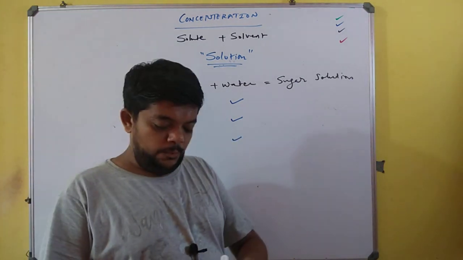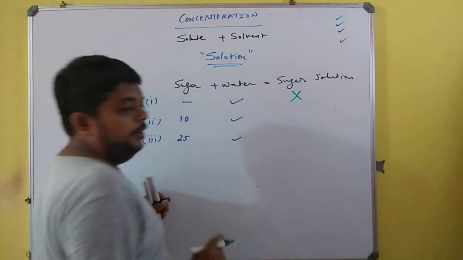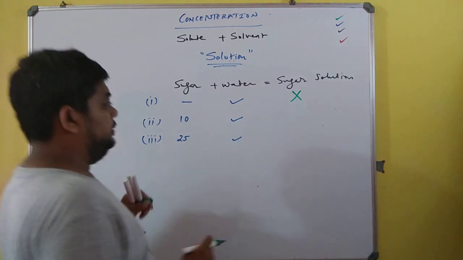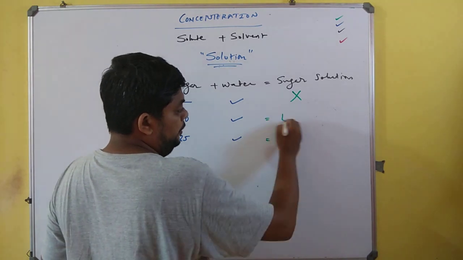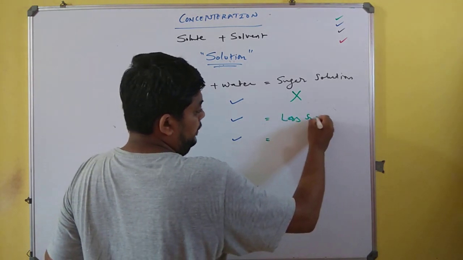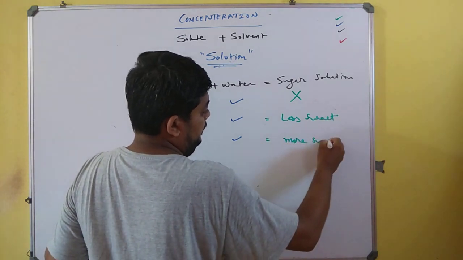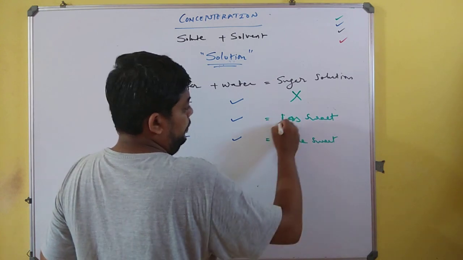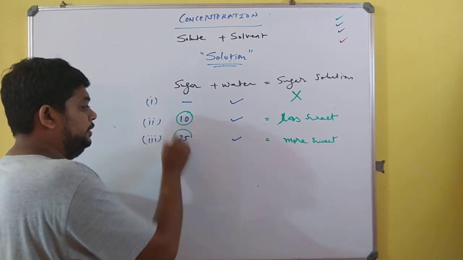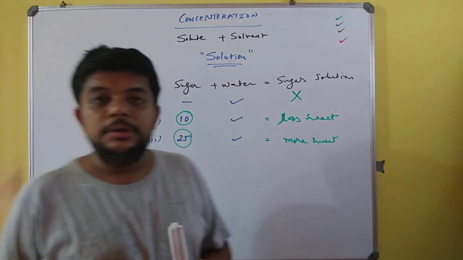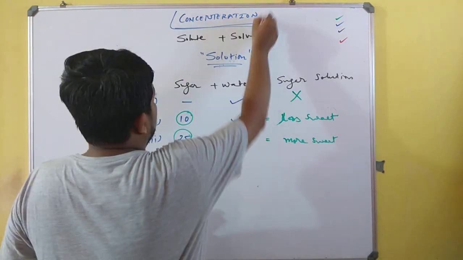We would be very clearly able to say that over here the solution will not be sweet. Whereas comparing these two sets of solution, we can write that this would be less sweet and this would be more sweet. Why? Because the amount of sugar is less and the amount of sugar is more. So fundamentally this is called concentration.